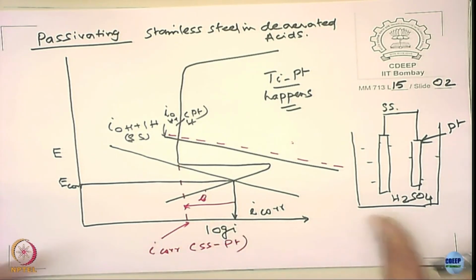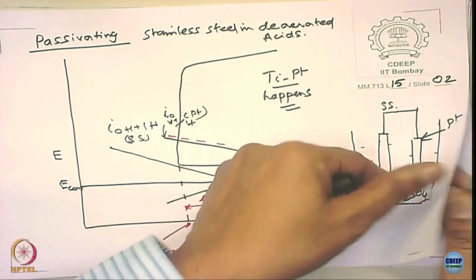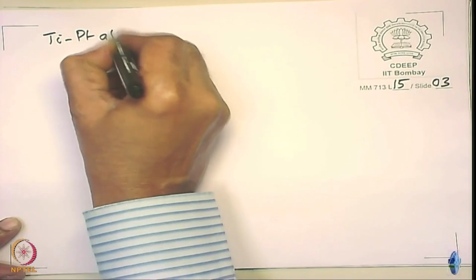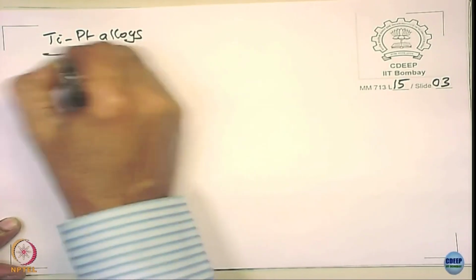How is it used industrially? I'll just give a slightly different explanation. The people do this, which is called titanium-platinum alloys.